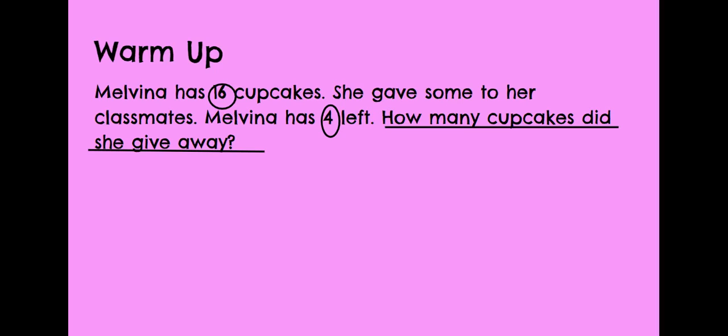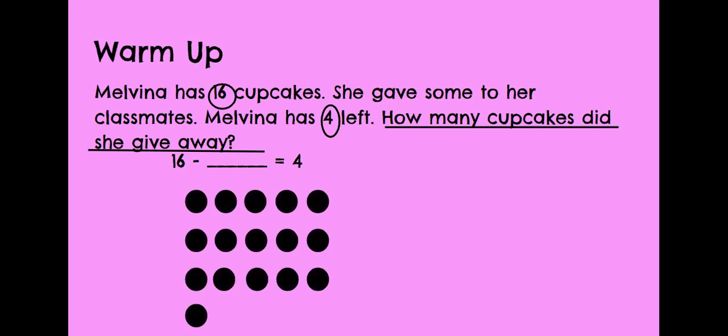The equation we can use to solve this problem is 16 minus blank equals 4. To solve this, I can draw circles. I'm going to start off with 16 circles. Next, I know I want to have 4 circles at the end, so I'm going to circle the 4 circles that I want to keep.